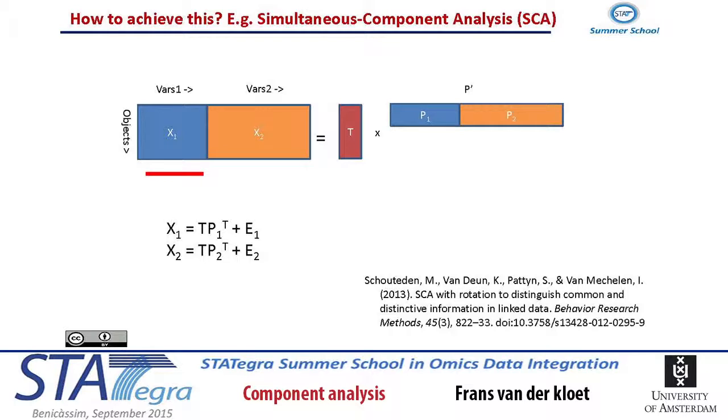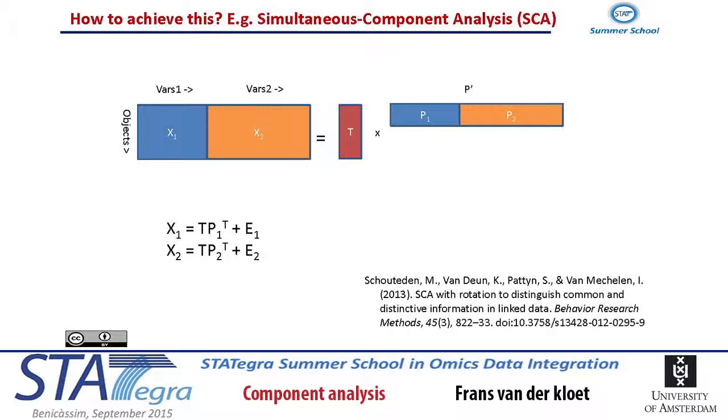So this is block 1, my mRNA, this is microRNA. And then I get my scores and my combined loadings here. And actually, this is a larger PCA version. So this is nothing really new. So I haven't found any common or distinctive scores yet. But still, if I take only this part, I can get my X1 back, and if I take T times P2, I get my X2 back.